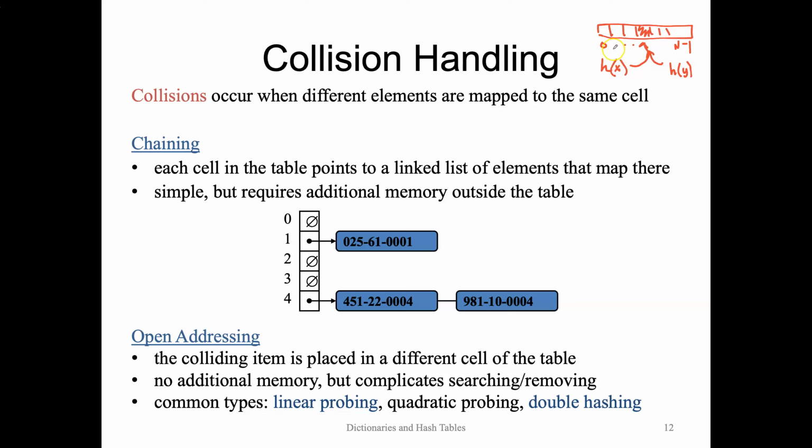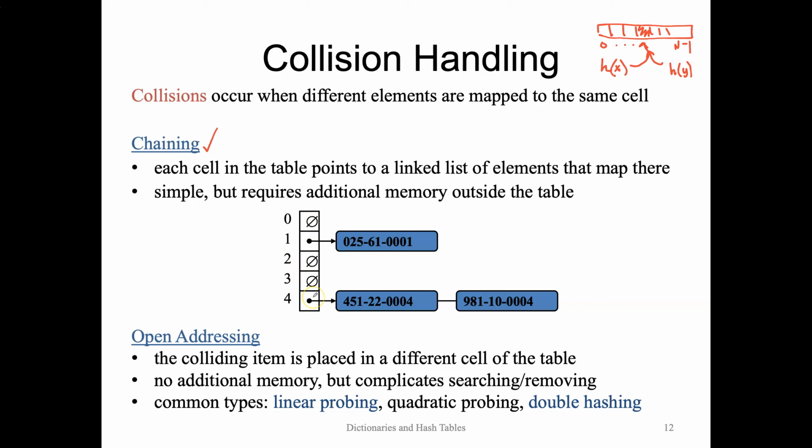What should we do? There are two different approaches to handle this. One is a very straightforward approach called chaining, where every cell in our hash table stores a list of items rather than a single item. So every cell stores a list. Maybe that list is empty, but it could have multiple items in there.